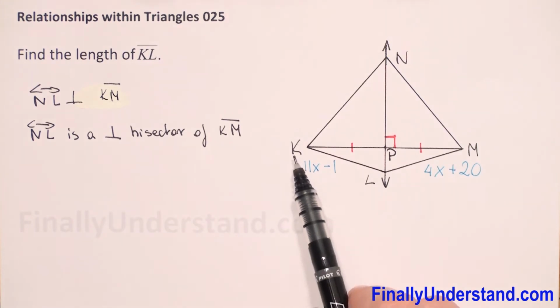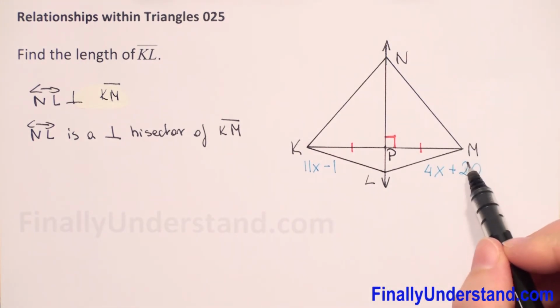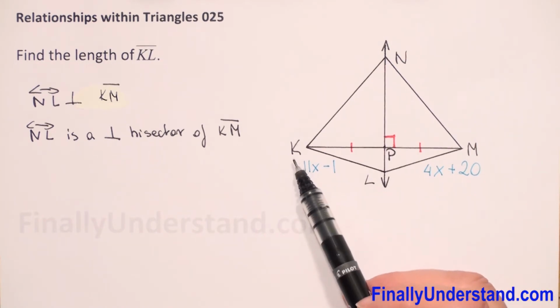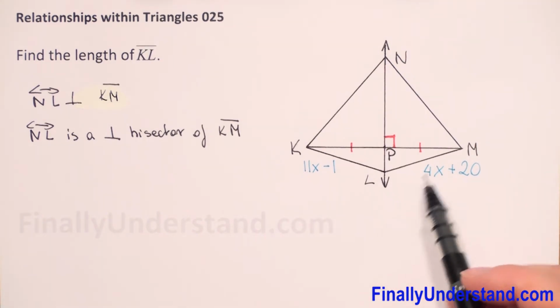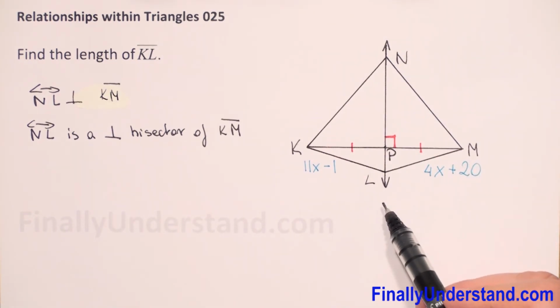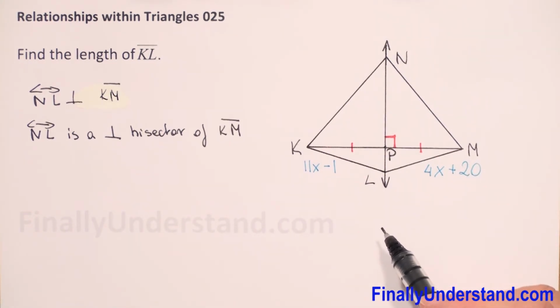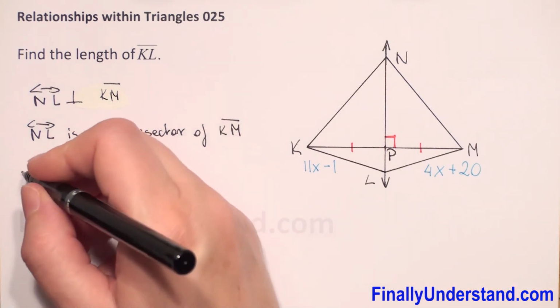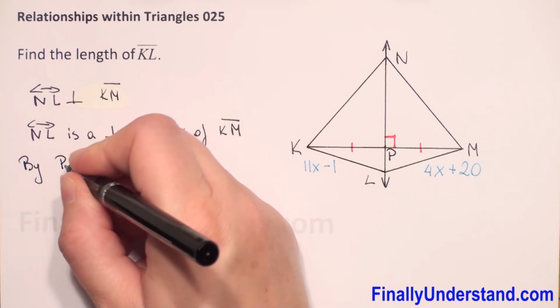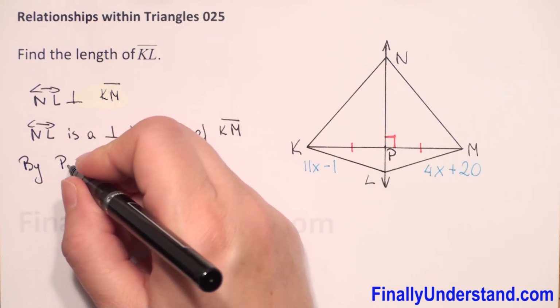It means that KL is equal to ML. Length of KL segment is equal to length of ML segment. This we have by the perpendicular bisector theorem. So we can write that by perpendicular bisector theorem.